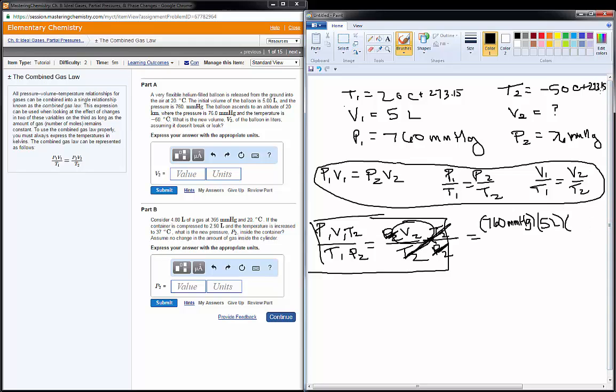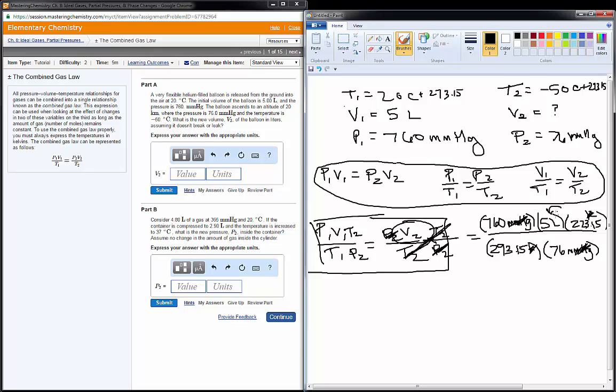So 273.15 minus 50 is going to be 223.15 K. Now I divide by T1, which is going to be 293.15 K, and divide by P2, which is 76 millimeters of mercury. And hopefully you see kelvins cancel. Millimeters of mercury cancel.